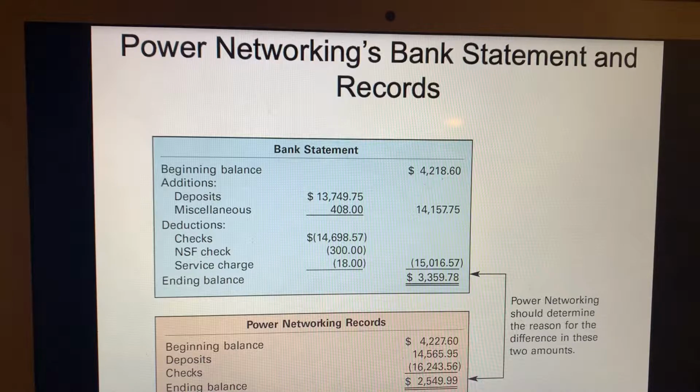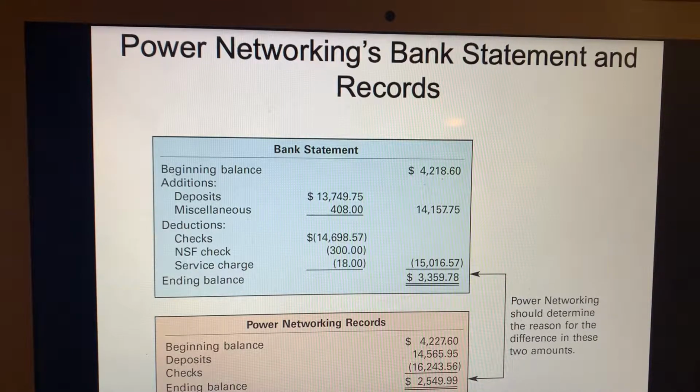So here's an example. The bank statement says the ending balance is $3,359.78, but on our company's books, the ending balance is $2,549.99.